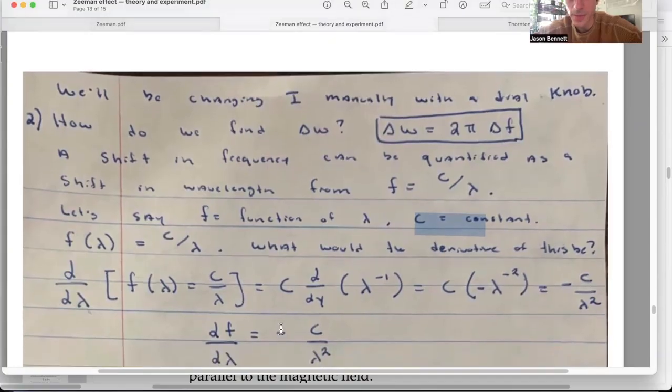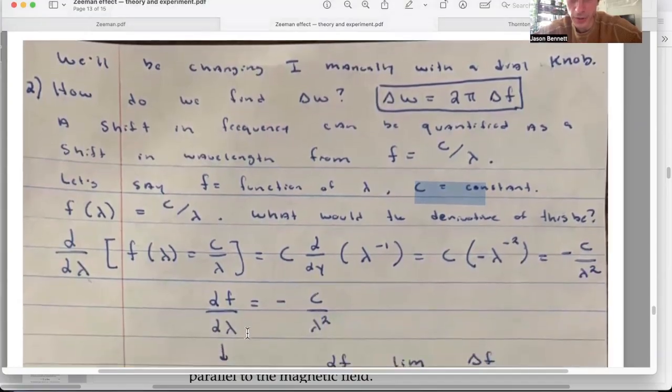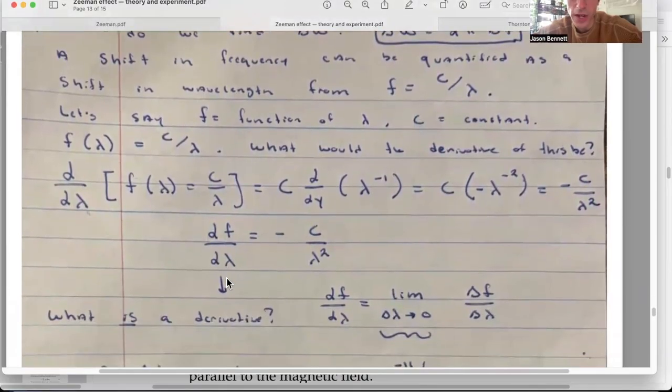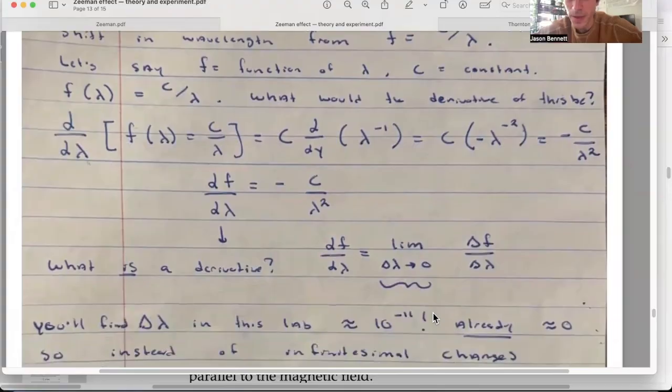So now I can write this. And now what we're going to do is shift this infinitesimal quantity to a finite quantity, because what is a derivative really? It is the limit of a finite quantity, rise over run. It's the limit of that as this approaches zero. This is already really, really close to zero.